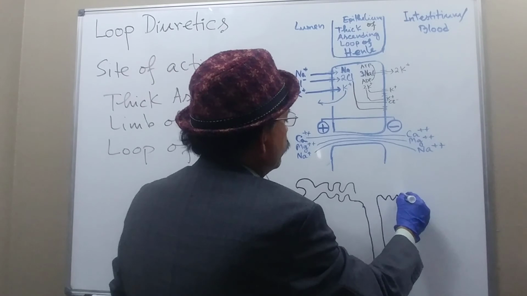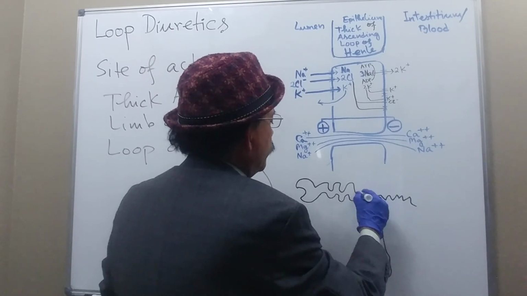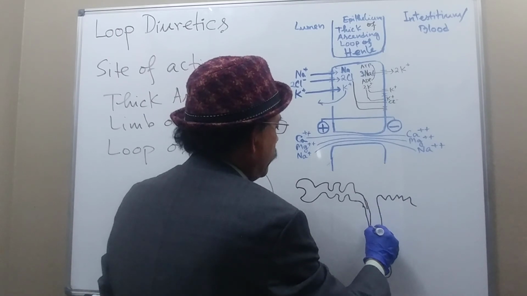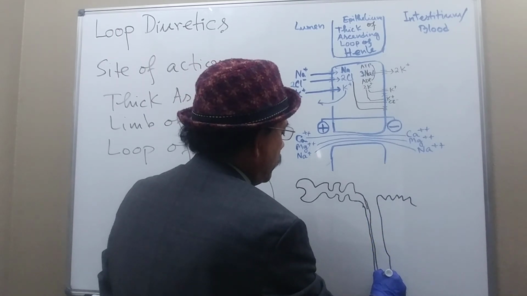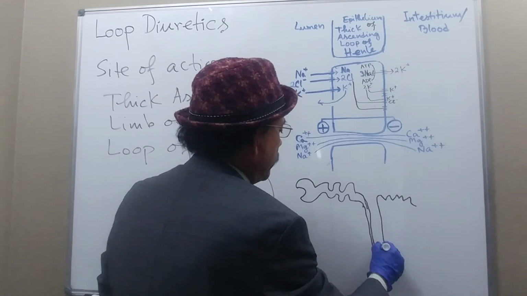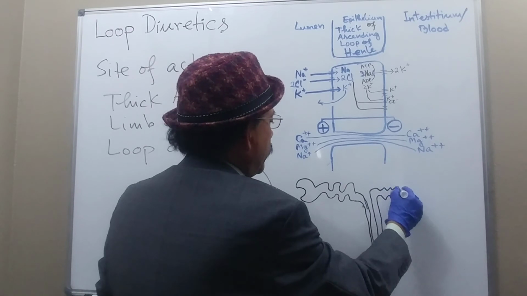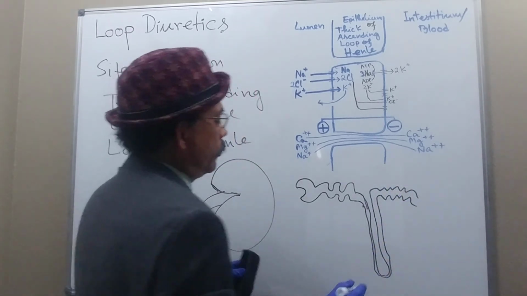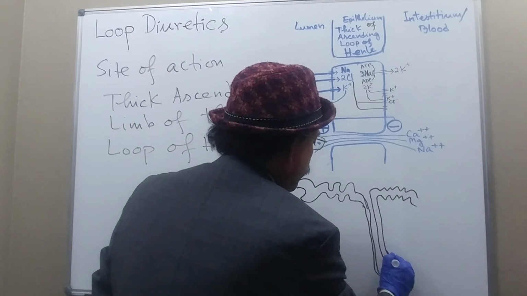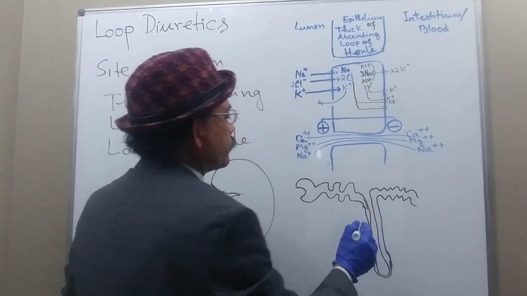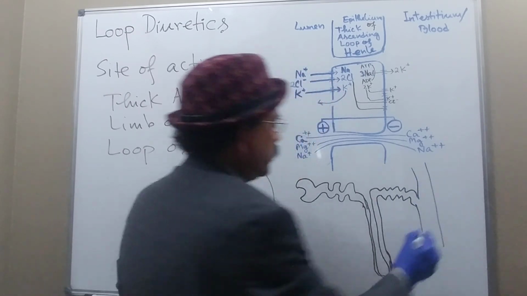Then we have the distal convoluted tubule, and this is the collecting duct.